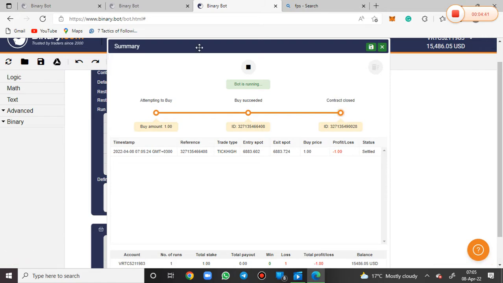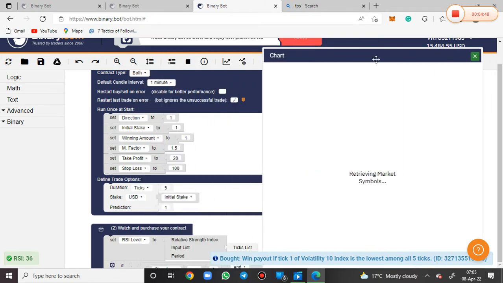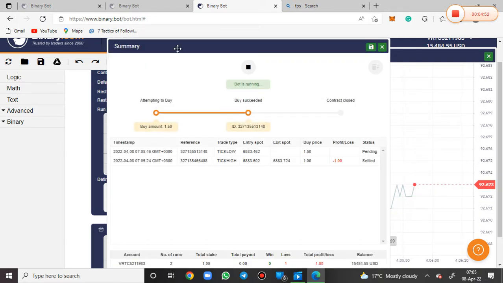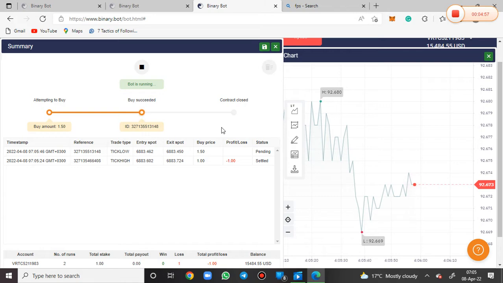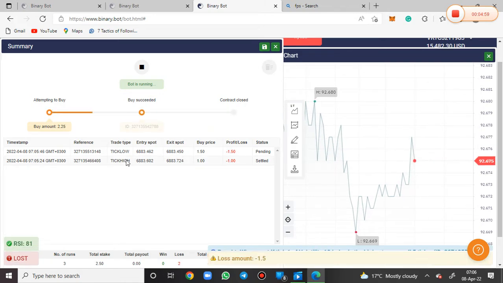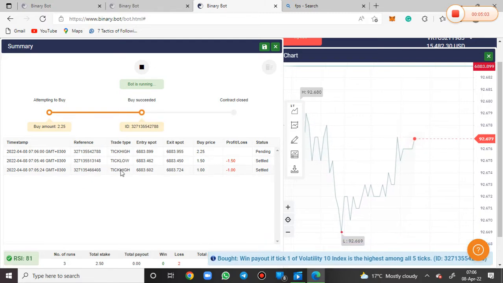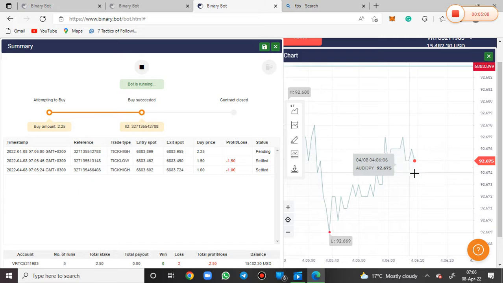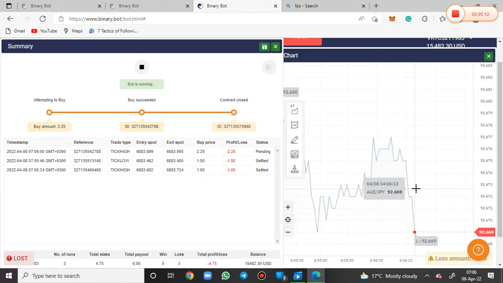Now, when you make a loss, for example, let me show you why we made that loss. Let's check if you can see the graph. If you're using a laptop, it will be easier for you to see this. Now, our direction, the bot is buying low, high, it changes from one to the other. And what is guiding us is this chart, this graph here.